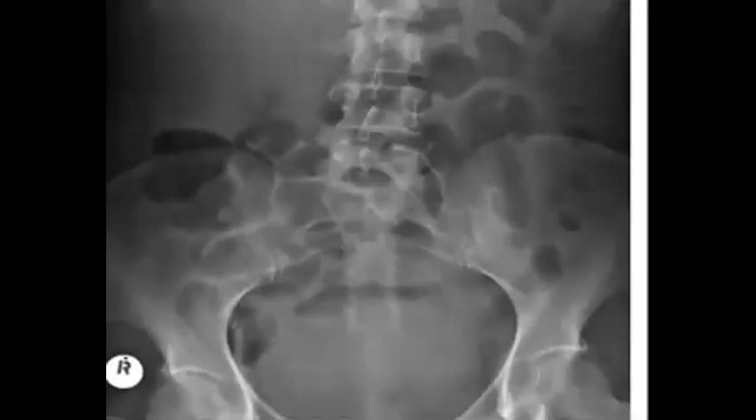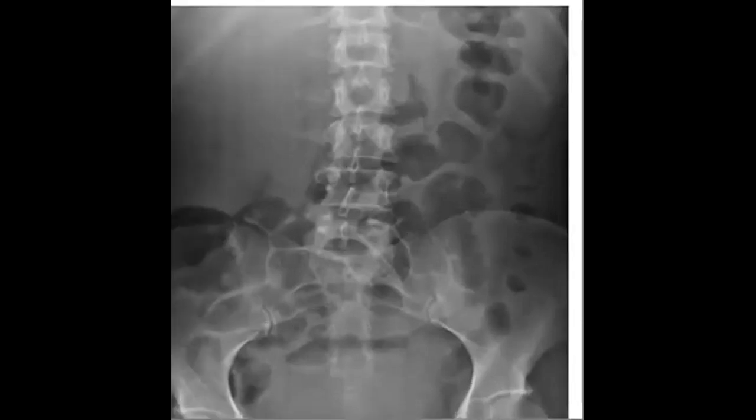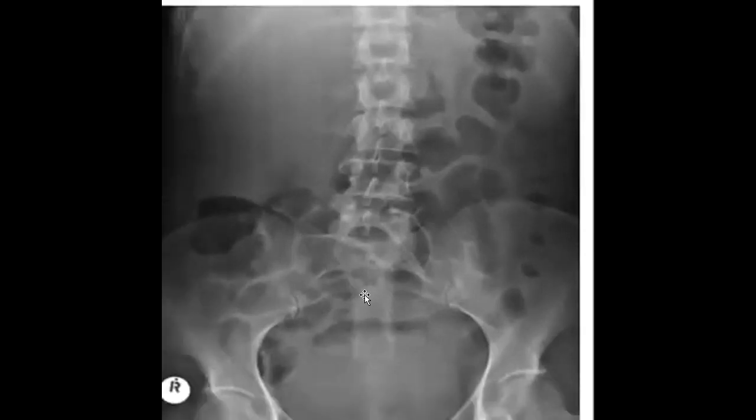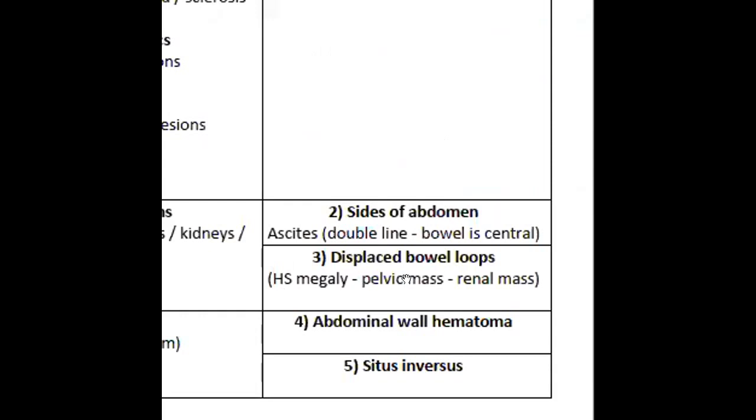The abnormality here. Yeah, so there is a displaced bowel loop; one of the important checklist items is to check for displaced bowel loops.